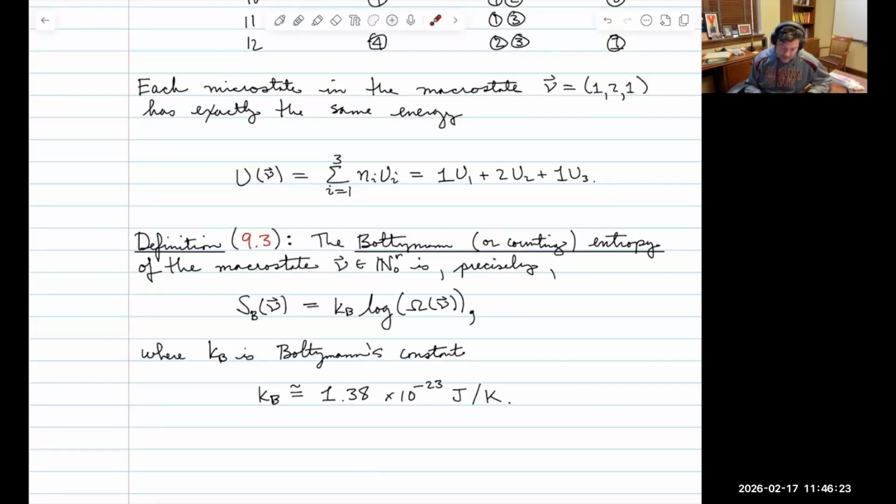So the Boltzmann entropy of a macrostate is precisely equal to a constant. Now, the constant, called Boltzmann's constant, is just to fix the temperature scale. We're allowed to adjust this constant, and if we do, we adjust the values of the temperature scale, but only up to a multiplicative constant.